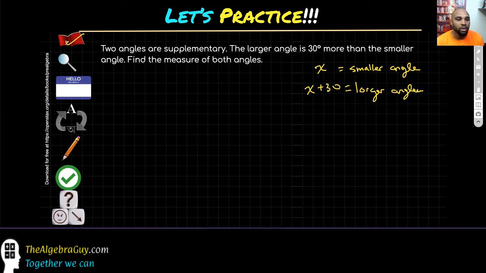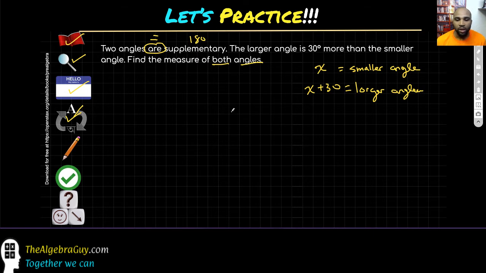Now, what do we know about this? We read it, we identify what we're looking for. We want both of these angles, the large and the small. We identified these with variables, and we want to translate into some kind of equation, right? So we've got two angles that are supplementary. This helping verb tells me that they're going to be equal to supplementary, 180 degrees.